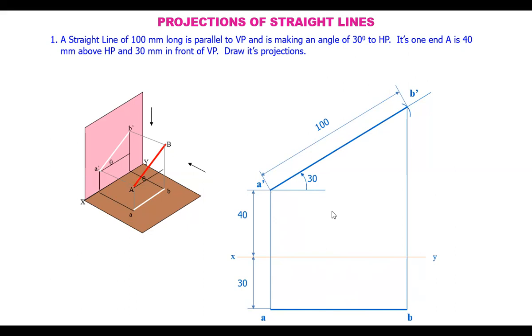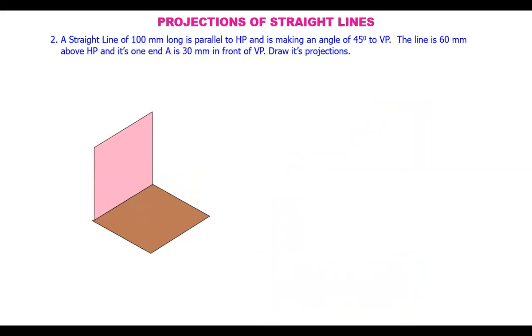These are the projections. Now, suppose we take another line, 100 mm long, parallel to HP and making 45 degrees angle to VP. The line is like this.